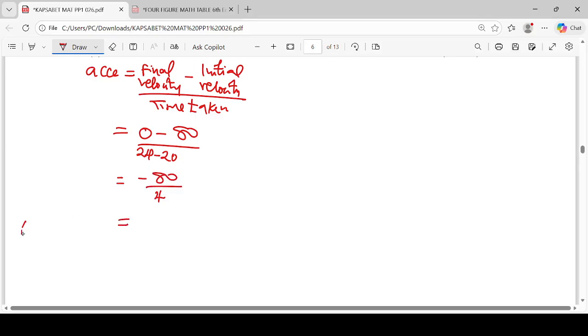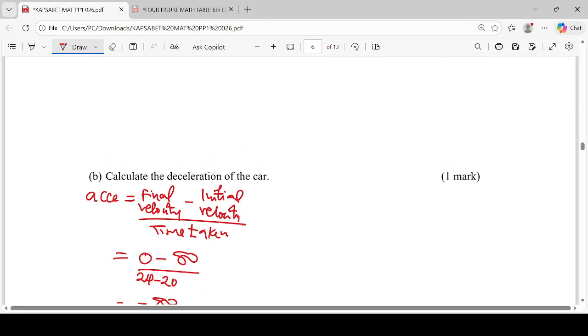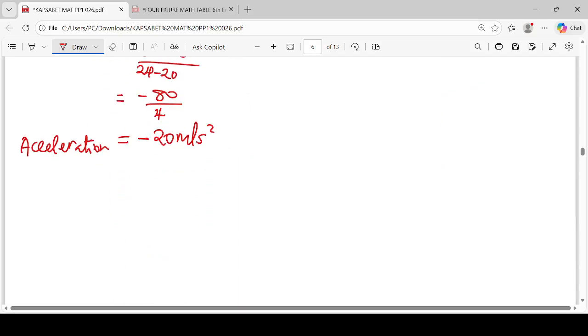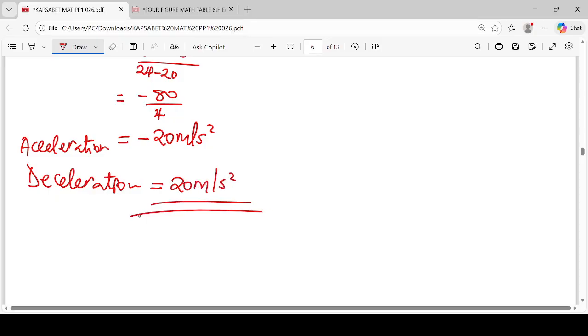This means our acceleration is negative 20 meters per square second. But look, the question talks about deceleration. Deceleration is the opposite of acceleration. So if our acceleration is negative 20 meters per square second, then when writing the deceleration, you simply ignore the negative sign. So the deceleration of the car is 20 meters per square second.